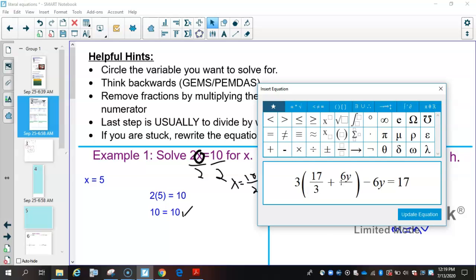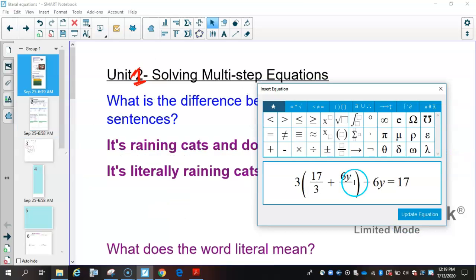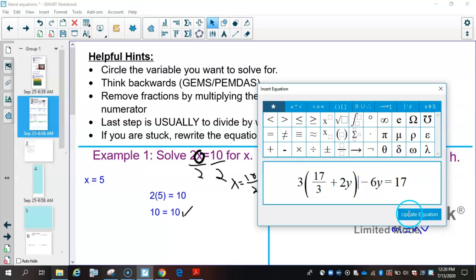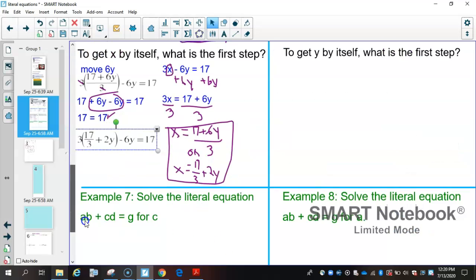I'm sorry, we changed that to 2, I forgot. Hoping that this works when I actually type it in this time.